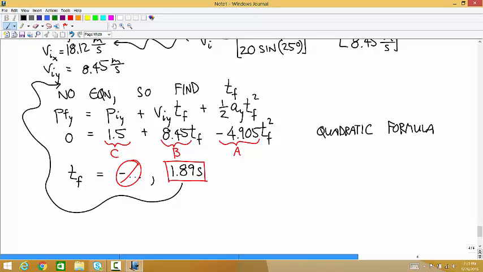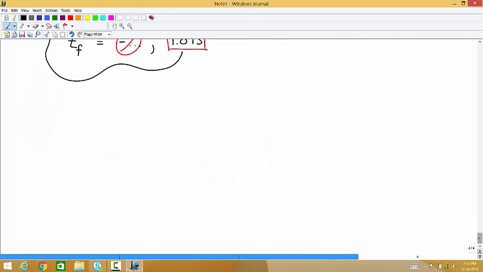Okay, we know all the stuff we did before, and we know one more thing now. And now we can use Pfx is equal to Pix plus Vix TF plus 1/2 AX TF squared.